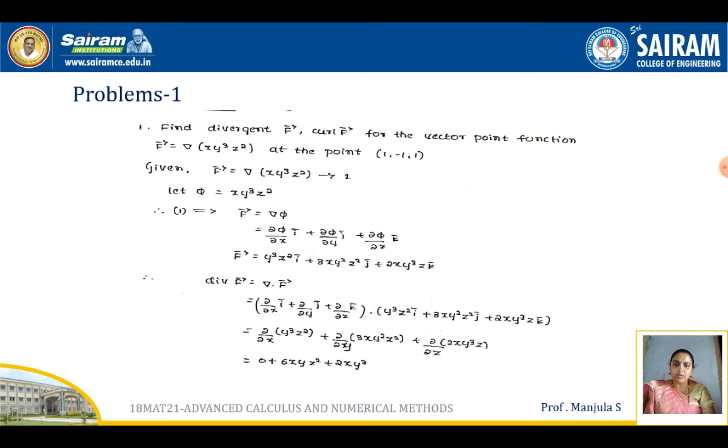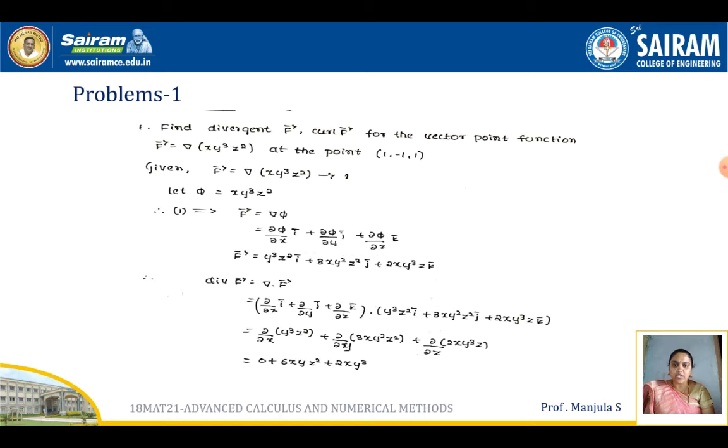After doing the multiplication, we can write the above equation in this form: dou by dou x of y cube z square plus dou by dou y of 3 x y square z square plus dou by dou z of 2 x y cube z. Now for each and every term we have to do the partial differentiation with respect to x, y and z.